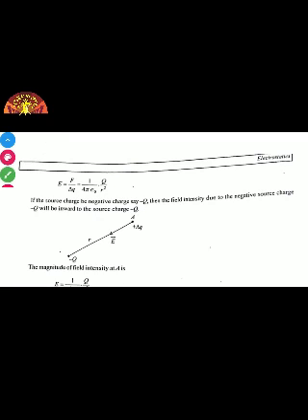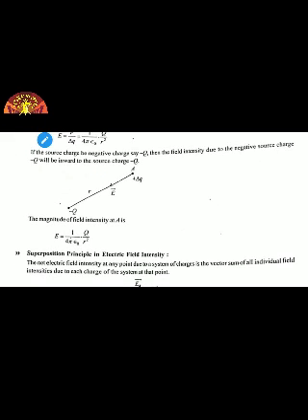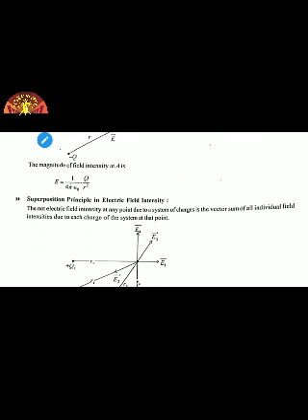So basically this is the formula for electric field intensity due to any charge capital Q: kQ by r square. You need to remember this formula. So let's go further. This is the formula for electric field intensity, as I told you.